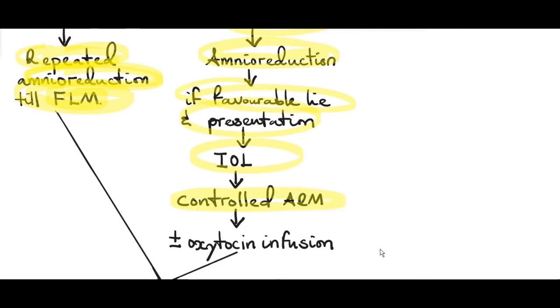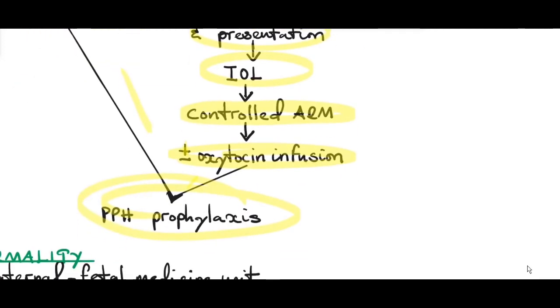Remember, we said we don't want decompression syndrome when the amniotic fluid is coming out. You can do this with or without oxytocin infusion. In both scenarios, remember to do PPH prophylaxis. Postpartum prophylaxis. Remember, one of the complications of polyhydramnios is postpartum hemorrhage.